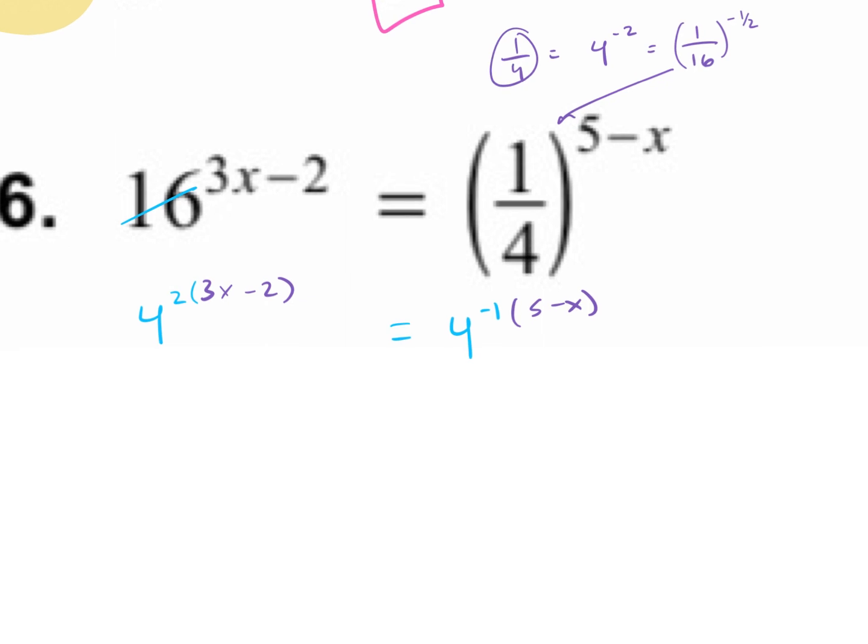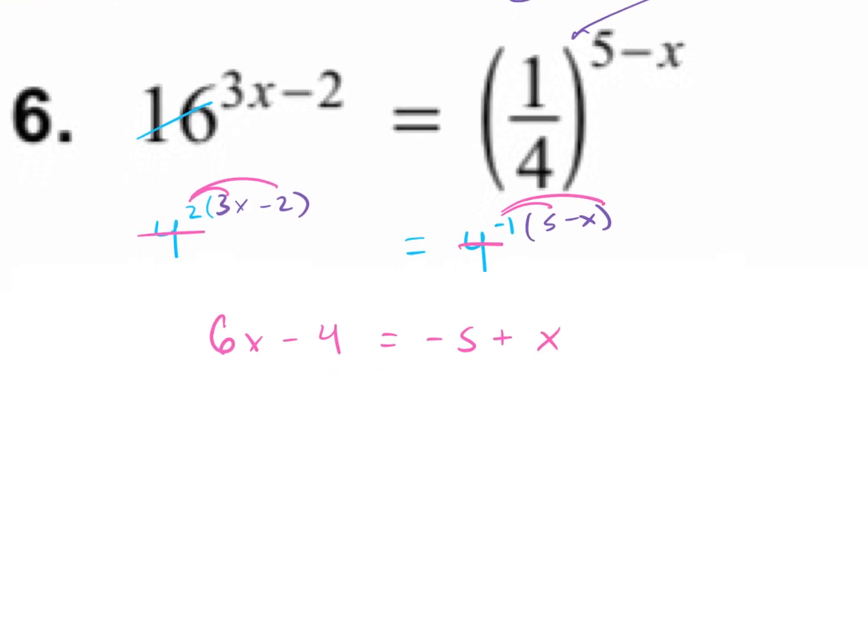Yes. What would I do next? Got to multiply the exponents, and I can cancel out the bases. If my bases are the same, they can go away. So I got 6x minus 4 is equal to negative 5 plus x. What would I do next?